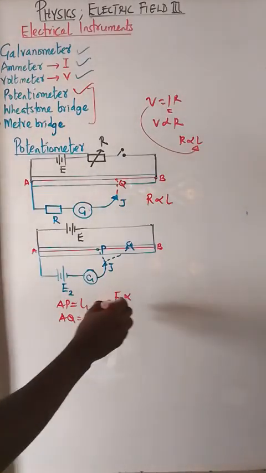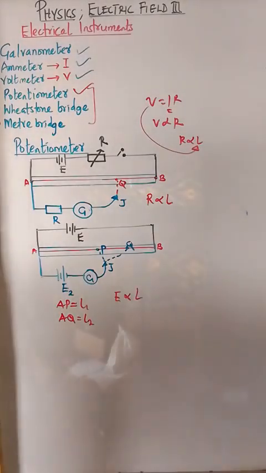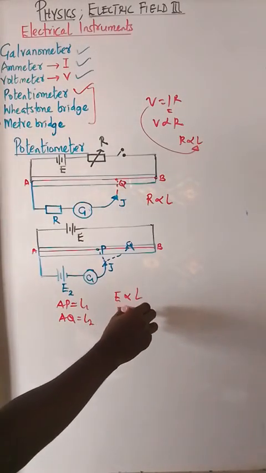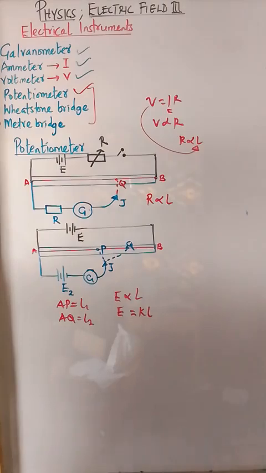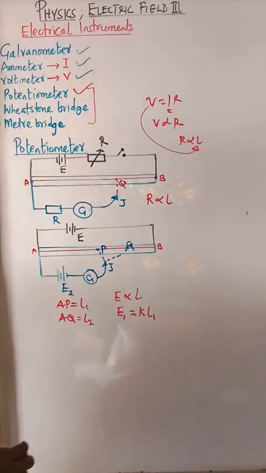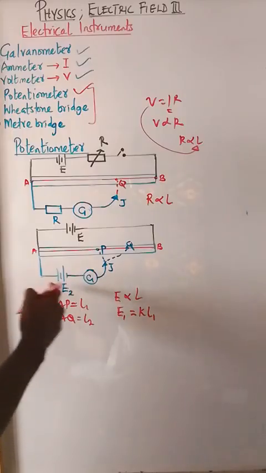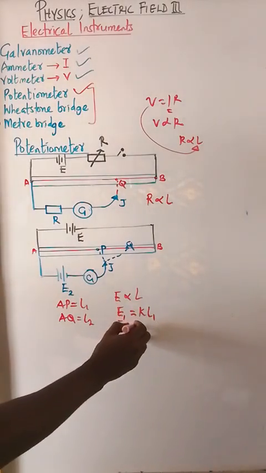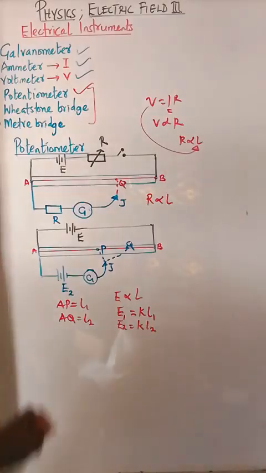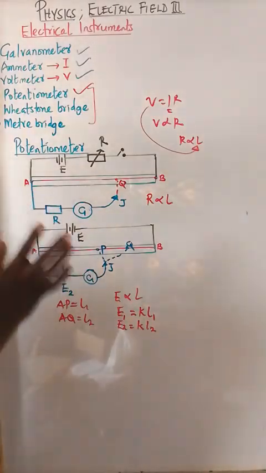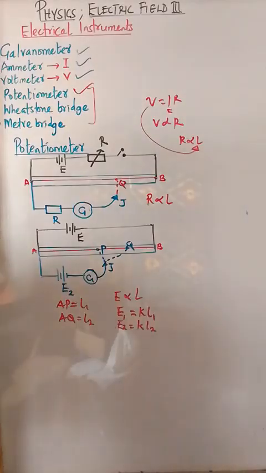E is proportional to the length L. So you can say E equals KL. This is for E1, with L1, which is AP in this case. If you do it for E2 also, E1 was the initial cell, and for the second cell we have E2. E2 also gets KL2. And what's L2? AQ. So what we just need is to know the values of L1 and L2.